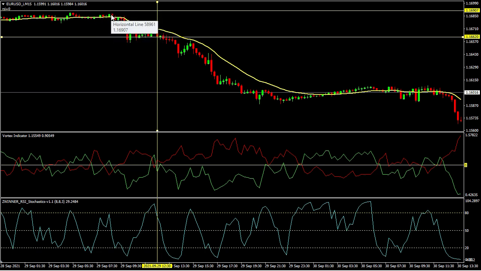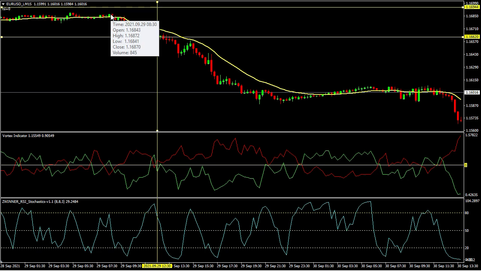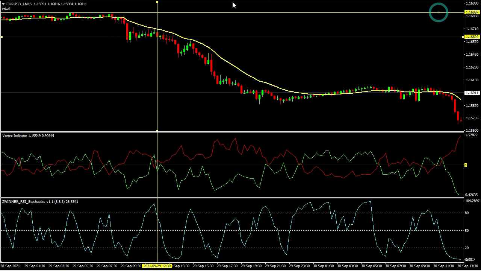So 5 pips above it is 1.6872. So the high is 1.6872. Yeah, somewhere here. So this is going to be your stop loss.